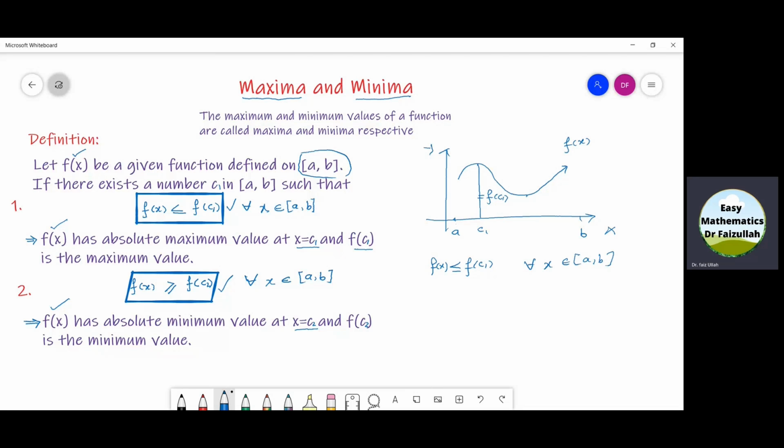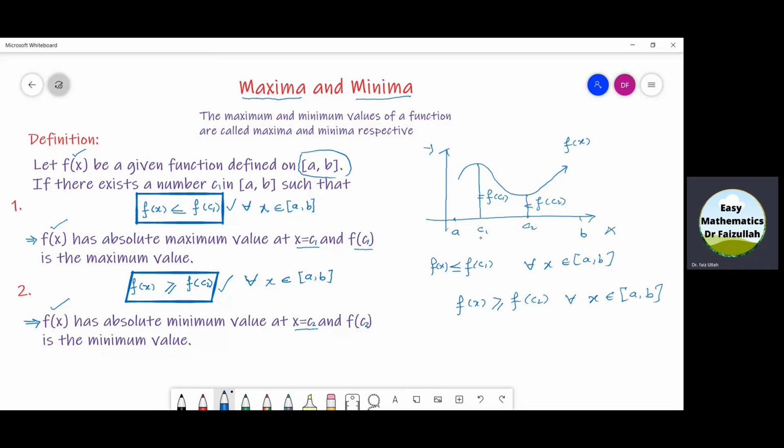And now let us draw another line here and say this is c2. So this value is now f of c2, and we can see that f of x is greater than or equal to f of c2 for all x belongs to that closed interval a comma b.